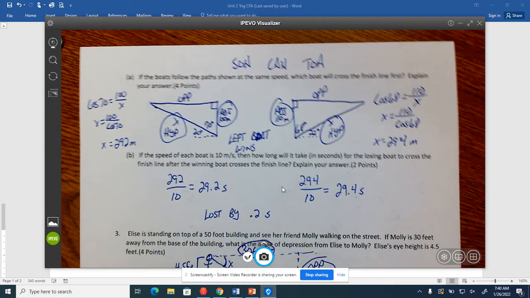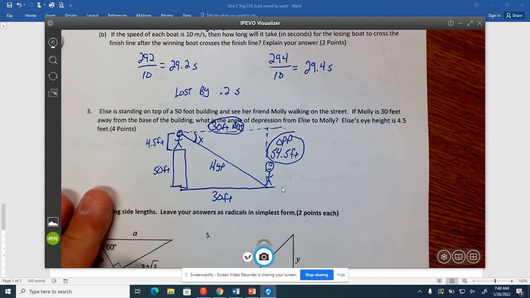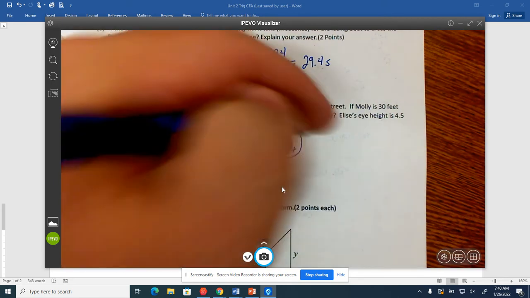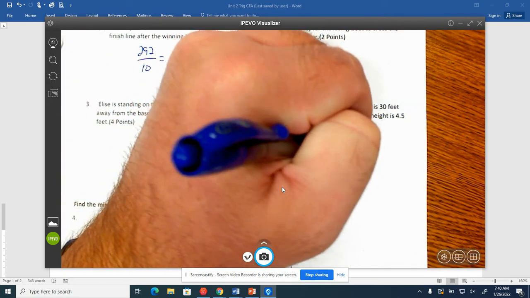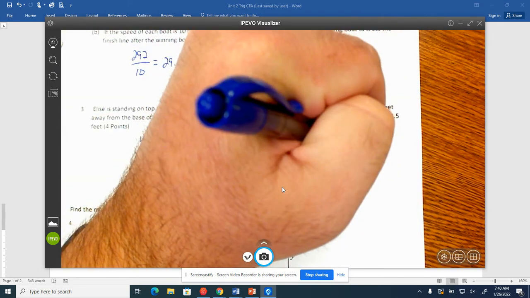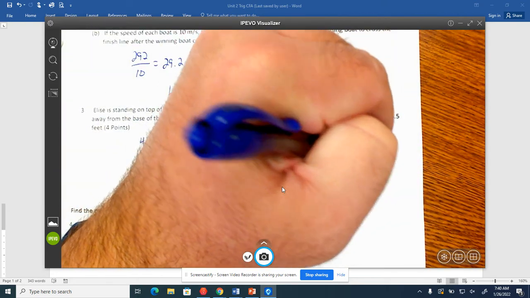So looking at SOHCAHTOA, opposite and adjacent is tan. So this is a tangent property, and I'm looking for an angle. So I'm going to say the inverse tan of opposite over adjacent.